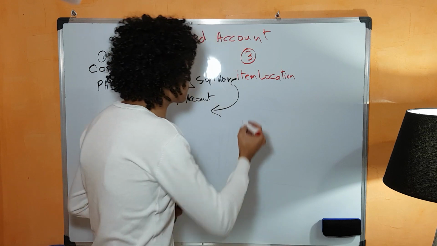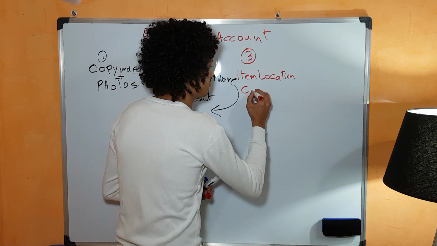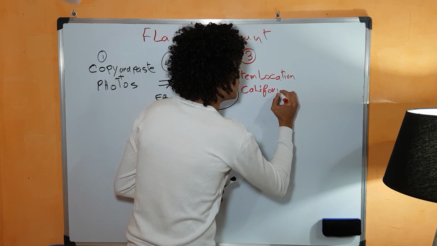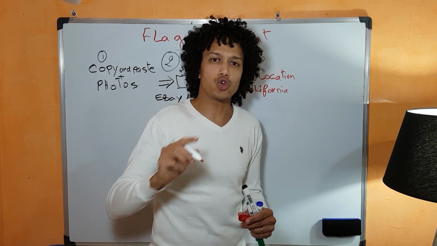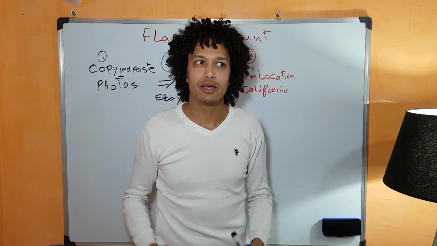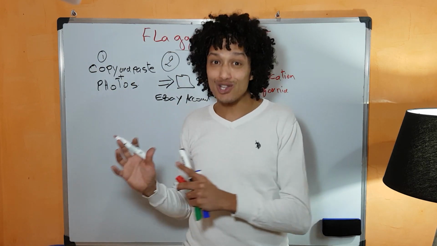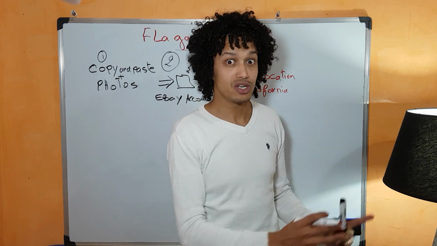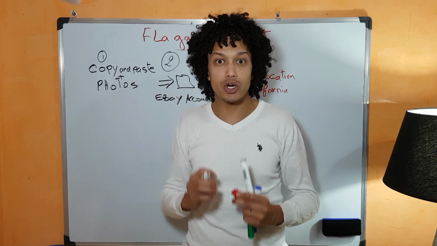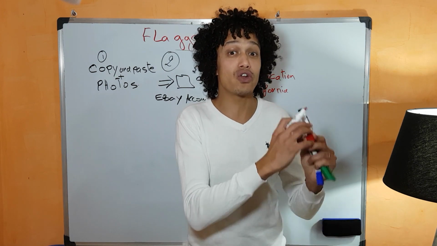So when you list the product, for instance, you put the product location as California, and you go to Amazon, and somehow Amazon decided to ship your product not from California, but from Ohio. So what happened? The system detects that your item location has nothing to do with the location that your product comes from.